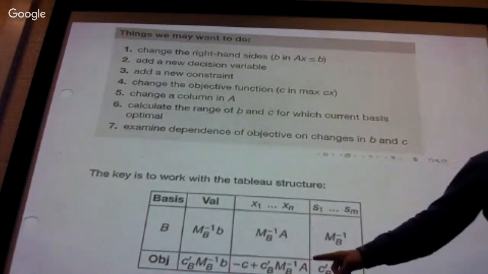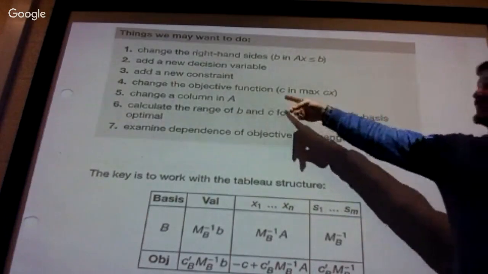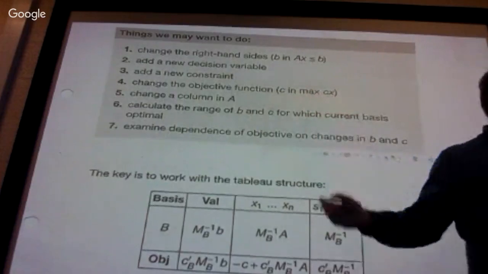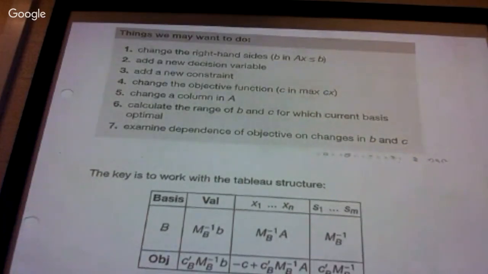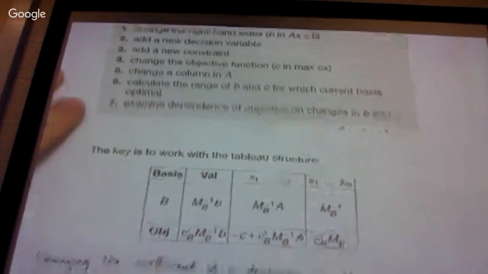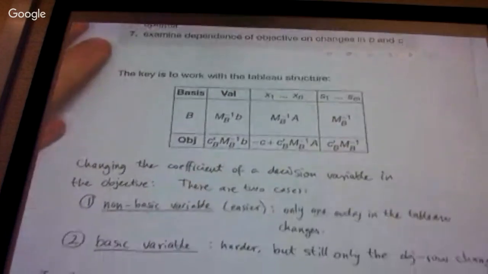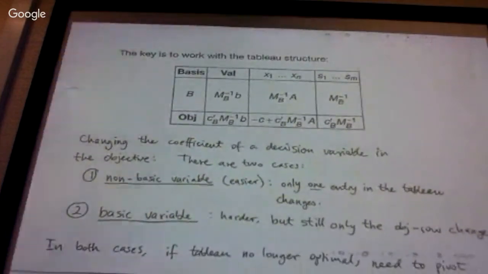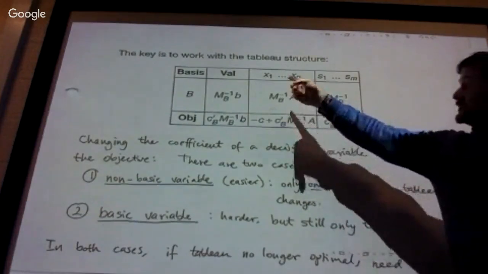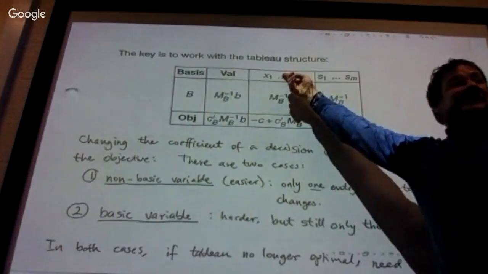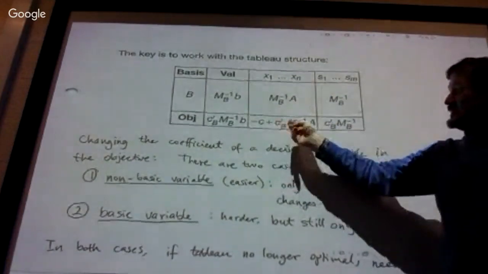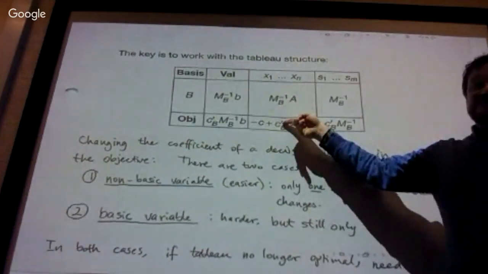So the difference when you're changing something in the coefficients in the objective function is whether you're doing it with a basic variable or a non-basic variable. If you're changing x3, say, and x3 is not in the basis, then only the x3 entry is going to change.